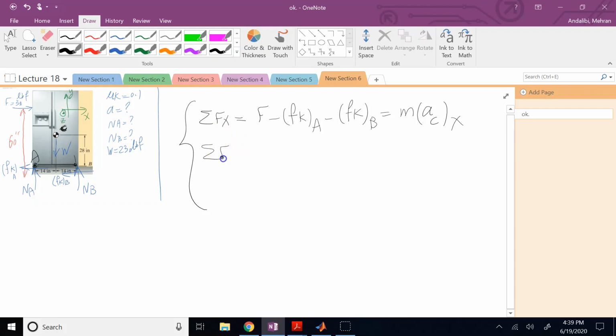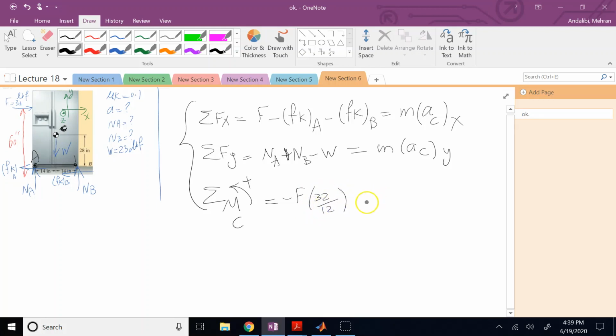Then we have sum of the forces in the y direction, which is going to be NA plus NB minus mg, or minus W if you want to call it, equal to mass times acceleration of the centroid in the y direction. And then sum of the moments about the centroid is equal to, in this case, which forces create moment about the centroid? Actually all of them except for W. F is clearly clockwise, so it is going to be negative F times the distance between C and F, which is 60 inches minus 28, so it is 32, and we divide it by 12 to convert it into feet.